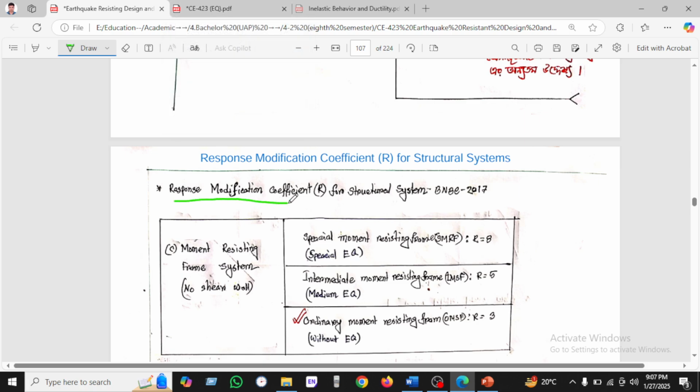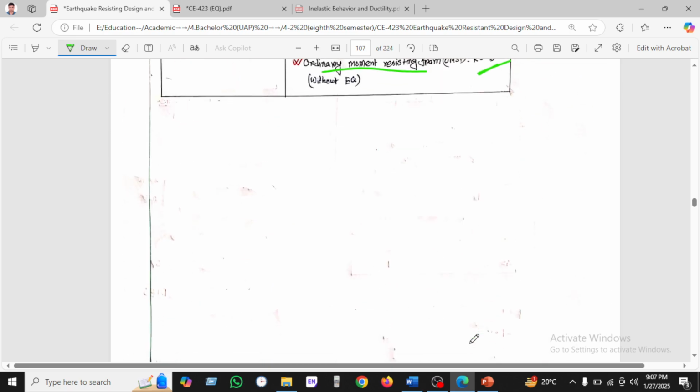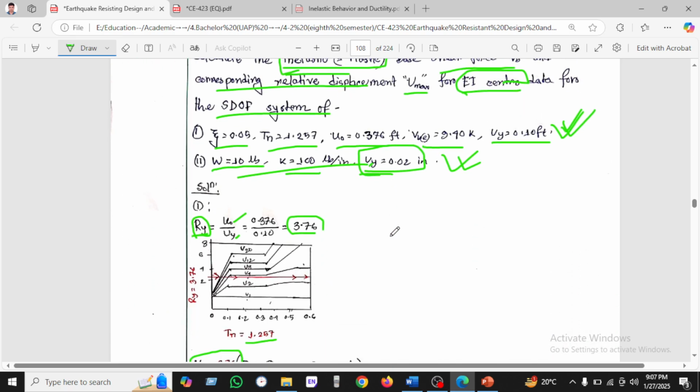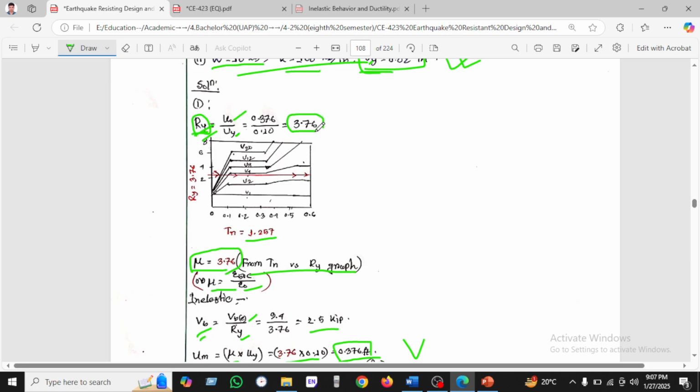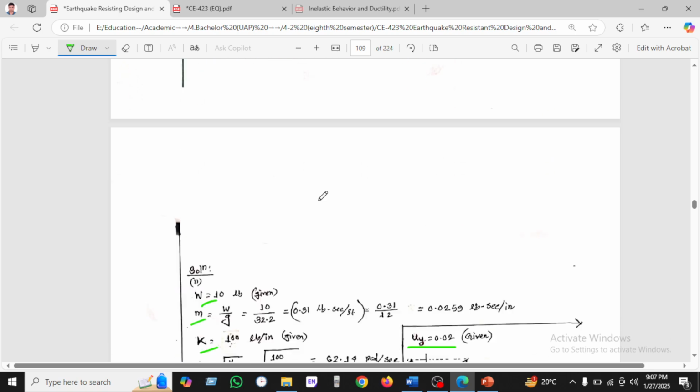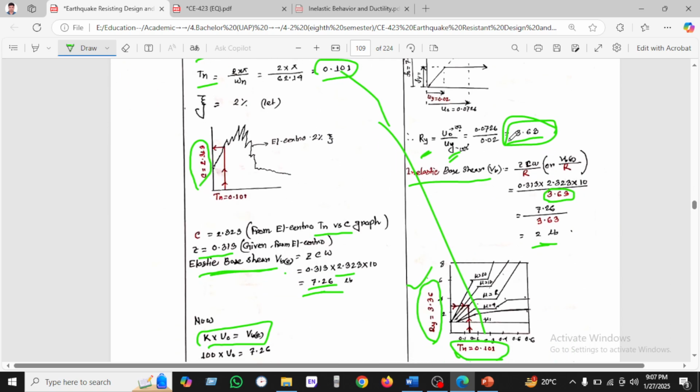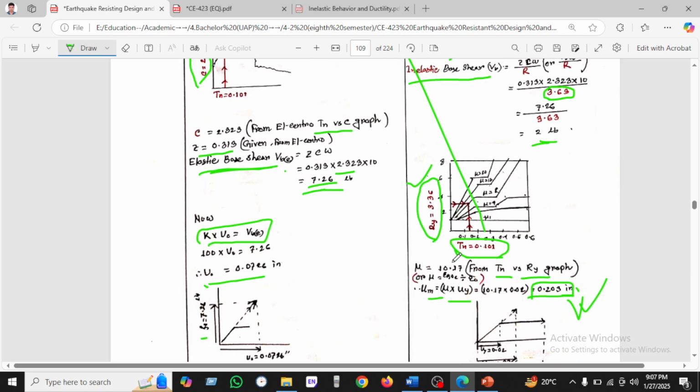You can see the response modification factor R for the structural system per BNBC 2020. For the moment resisting frame with no shear wall, for the special moment resisting frame SMRF, the value of R will be 8, for the intermediate moment resisting frame R will be 5, and for the ordinary moment resisting frame it will be 3. So we are calculating here how we get the value of Ry, 3.36, or how to calculate the R value. We found 3.63 or 3.36 here.